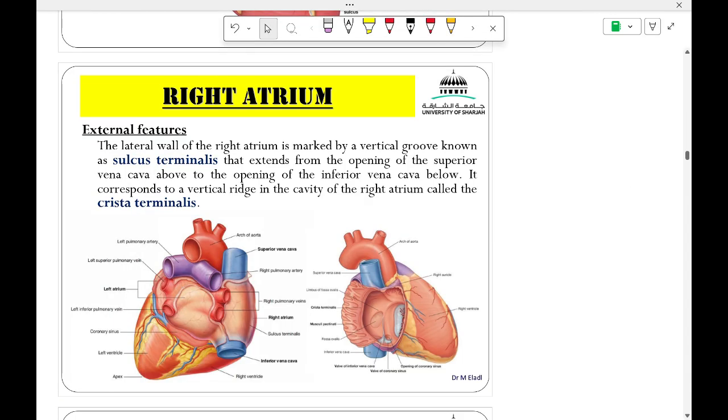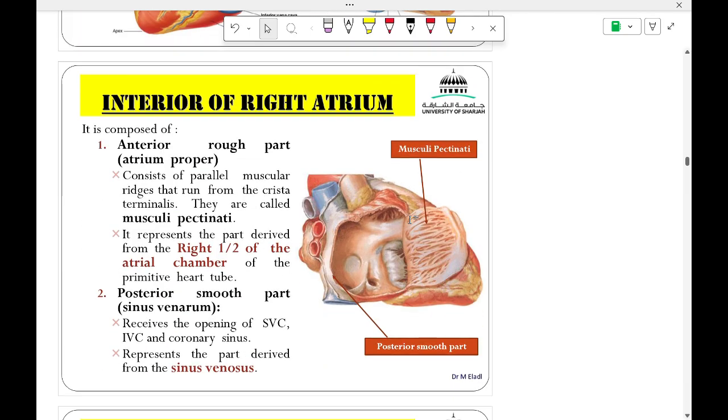Okay, now the interior of the right atrium is going to be formed by an anterior rough part, okay, and a posterior smooth part. Anterior rough part, again, whenever we see something rough, we expect to see muscles over there, which are referred to as the pectinate muscles.